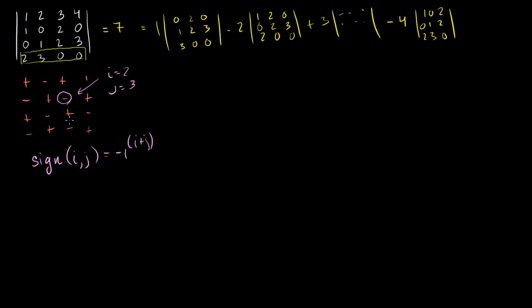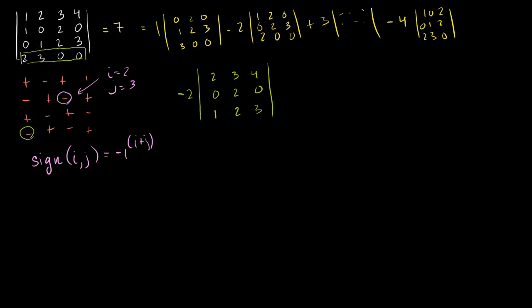So now that you have the checkerboard pattern in your mind, let's go down this row. We start with a 2, but notice that we have to multiply it by minus, because we go plus, minus, plus, minus. So you have a -2 times the determinant of its submatrix. You cross out this row and that column, and you're left with this matrix up here: 2, 3, 4, 0, 2, 0, 1, 2, 3.